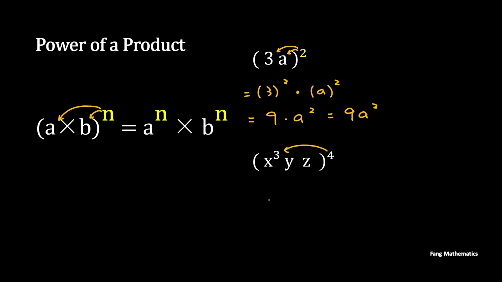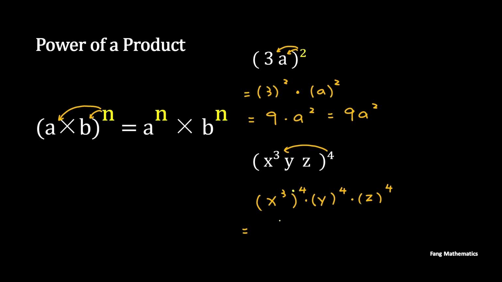Let's distribute the first component, x cubed. You put x cubed in a parenthesis, indicate the single object to the power 4, and y to the power 4, and each component is separated by this multiplication sign and z to the power of 4. And I believe if you are to look at it, x cubed is a power to another power, so you are to multiply the powers.